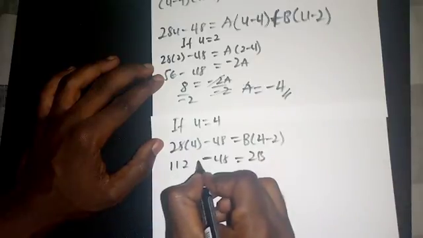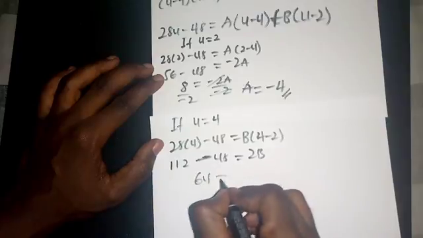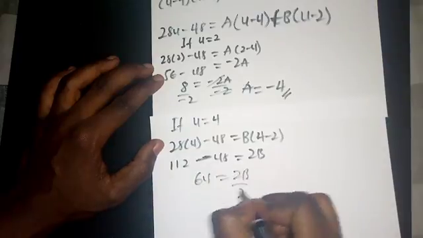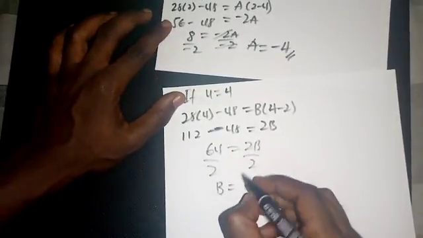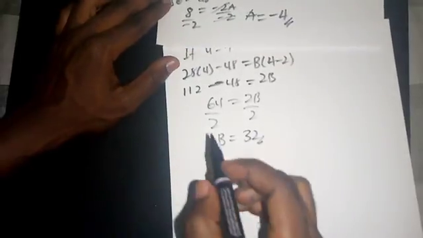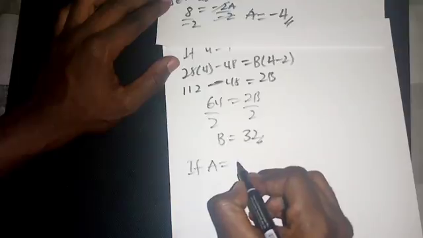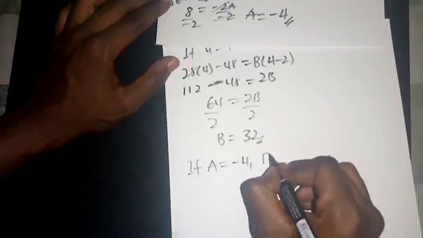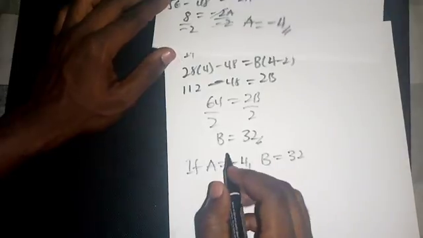So 112 minus 48 is just 64 equal to 2b. Then divide both sides by 2. So we have b equal to 32.